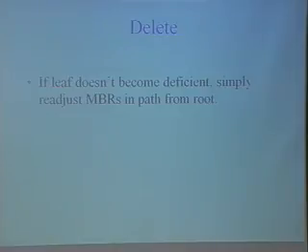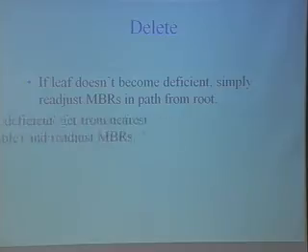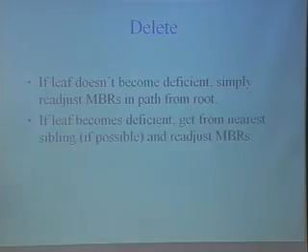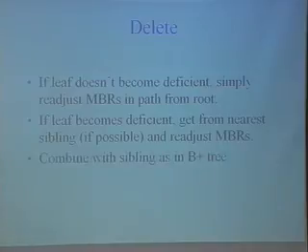If it's gone below the minimum, you do what you would do when dealing with a B plus tree. You try to borrow from a neighbor, and when you borrow, you have to readjust the MBRs. If you can't borrow, you do a combine, and then you have to redo the MBRs.